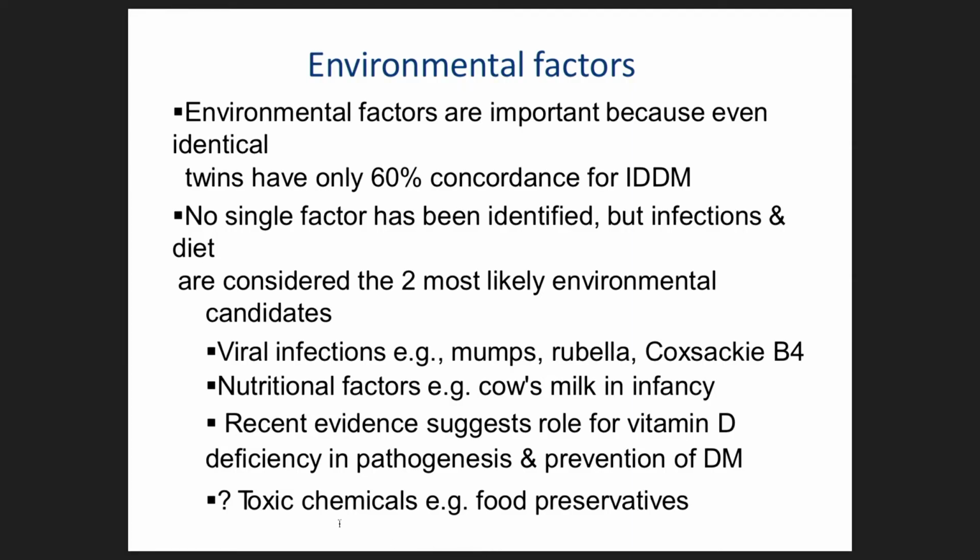And also, one of the possible triggering factors to develop type 1 diabetes is toxic chemicals present in the food, for example, food preservatives and coloring agents. As you know, a lot of children love to have sweets with color.